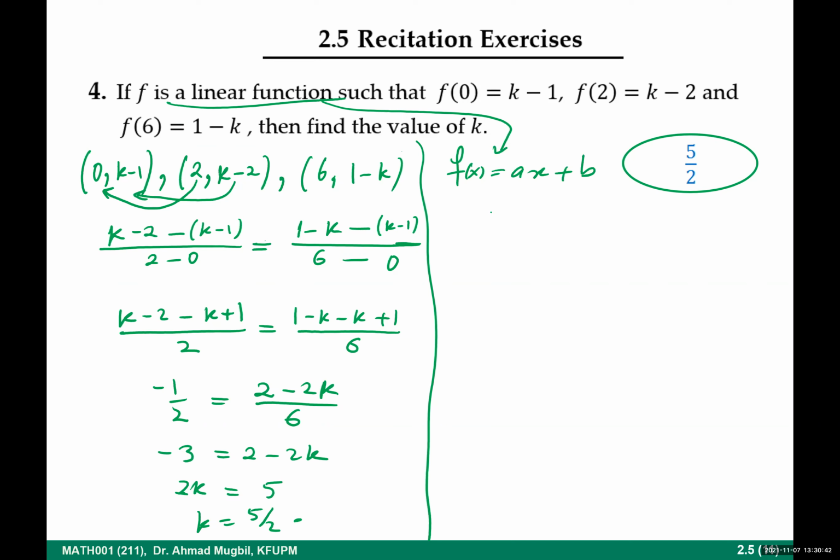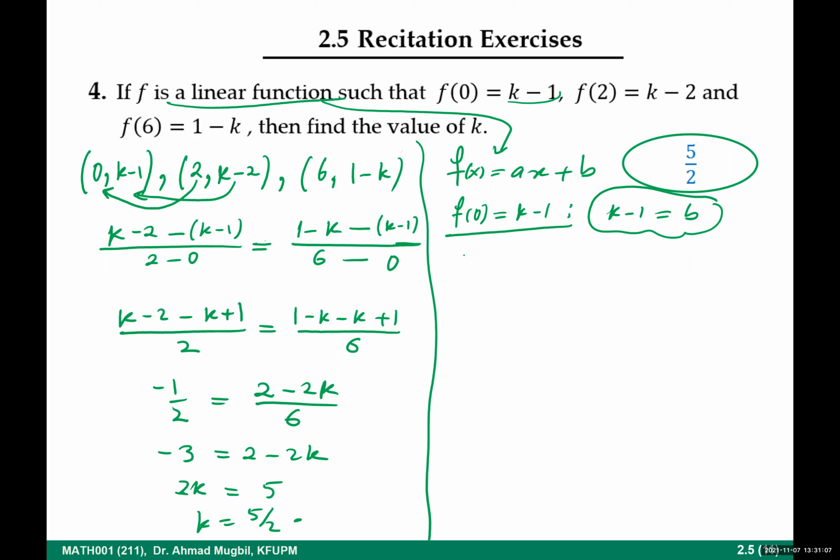So because of that, f at 0 equals k minus 1. It means that k minus 1 equals b. What I did, instead of f of 0, I put k minus 1, and instead of x, it will be 0, so b.